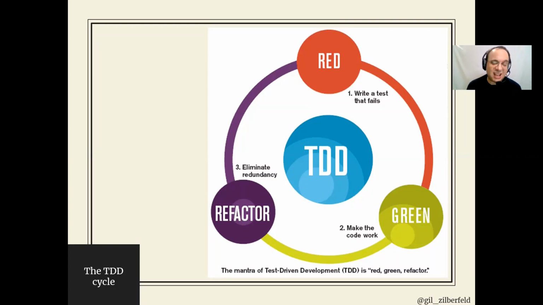Let me go through an example, because that's what everybody does, and it's going to be a calculator example, because that's what everybody does. So you start with red. Red means you write a test, it fails because of anything. It could be that the code doesn't compile, the logic is not there, even an earthquake. But then you write the code to make the test pass.